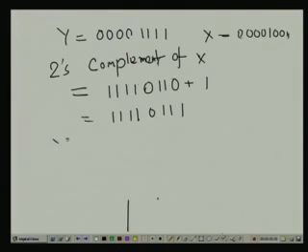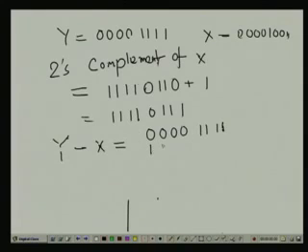Now, if I do y minus x, we have to add this y and 2's complement of x, which is this number 1 1 1 1 0 1.